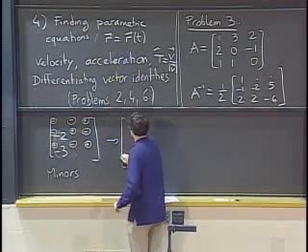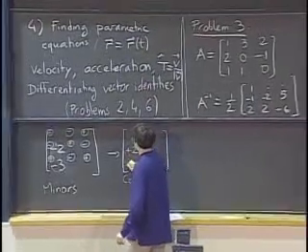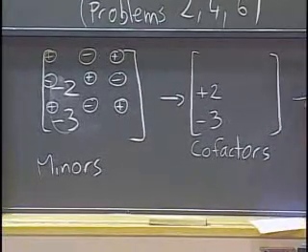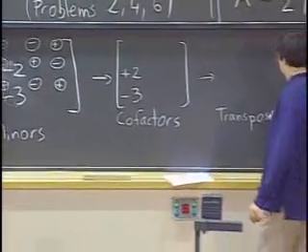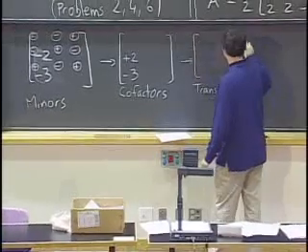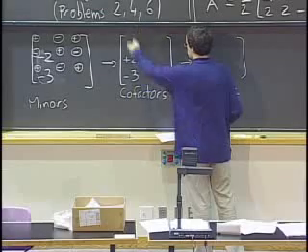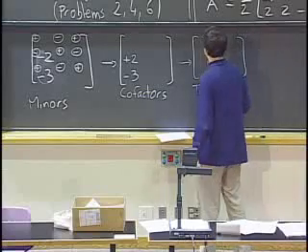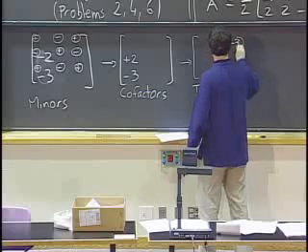So that means we'll be left with positive 2 and negative 3. Then we take the transpose. That means, well, these 2, so the first column will copy into the first row. So this guy we still don't know, but here we'll have 2, and here we'll have minus 3.